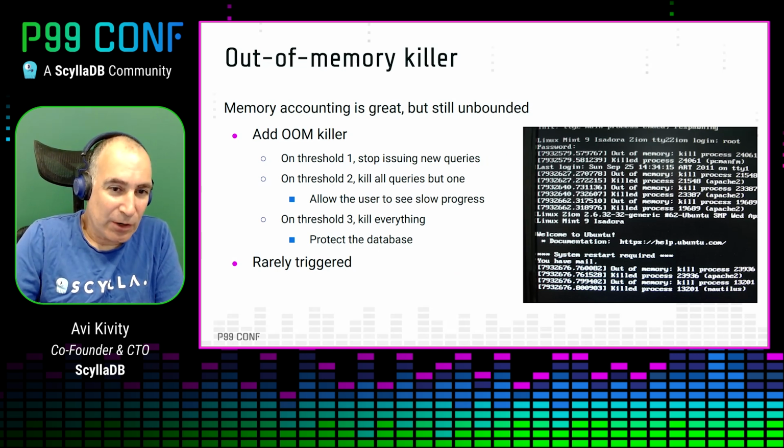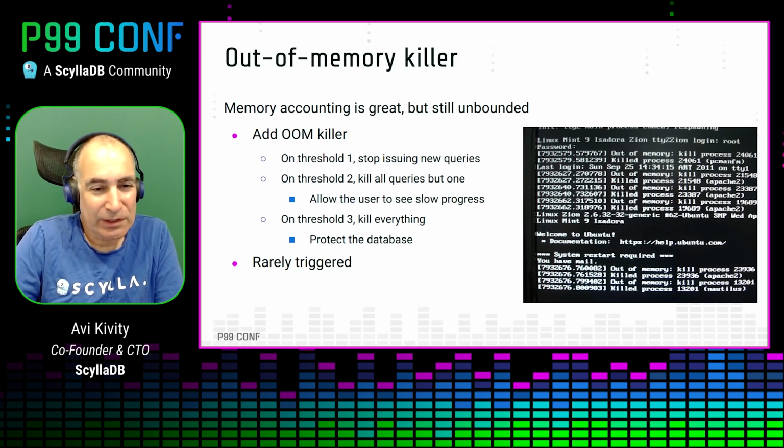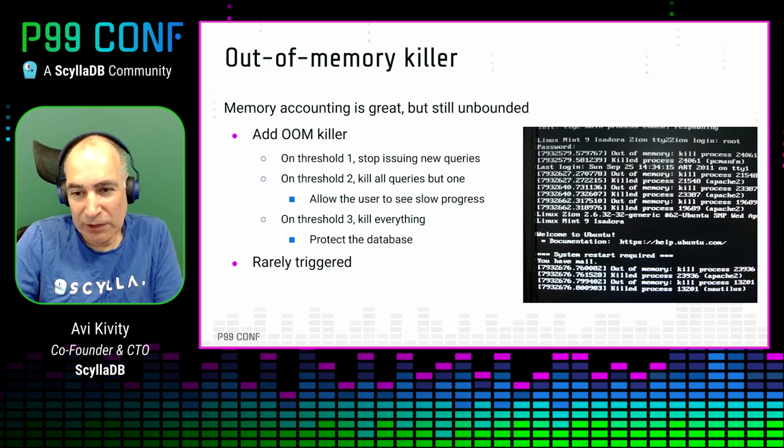Previously I talked about how usually running a little bit over the memory threshold isn't too bad, but usually isn't good enough, and it is possible to run out of memory even with those memory limits. So we added an out of memory killer.